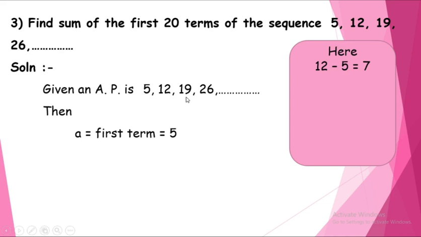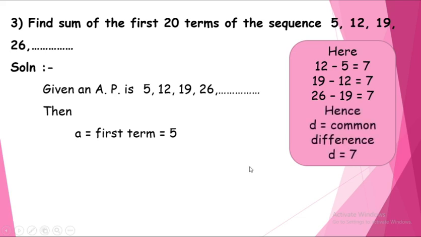Similarly, the term is 19, the previous term is 12, therefore 19 minus 12 is 7. Again, the term is 26, the previous term is 19, 26 minus 19 is 7. Hence, D, the common difference, is equal to 7.